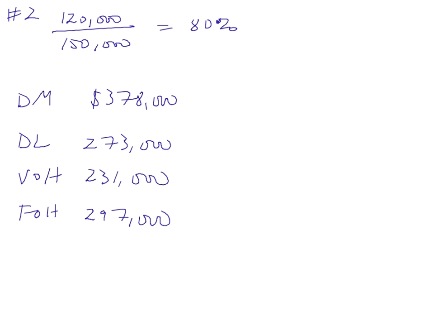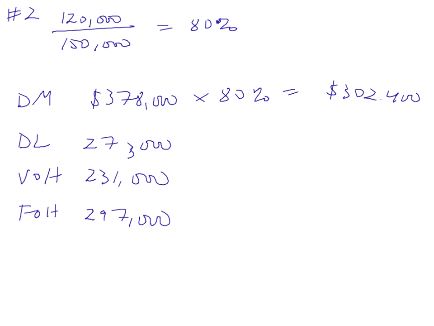All right, so I cleared up the board a little bit. So again, the numbers that we came up with were for 150,000 units, but we're only going to make 120. So what we can do is we can either multiply by 80% each one, so 378,000 times 80% gives us 302,400.